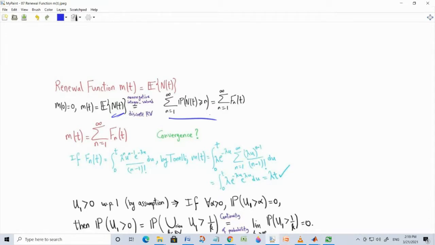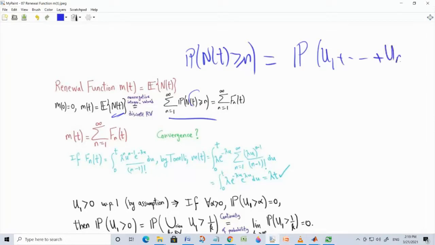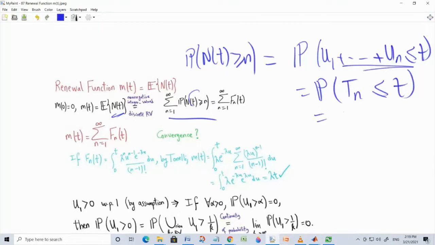And remember those guys? Remember that the probability that N(t) is greater than or equal to small n is exactly equal to the probability that U1 plus ... plus Un is less than or equal to t. So that's basically the CDF of those guys, which is denoted by Fn(t). So you have this summation here. So the expectation of N(t) is given by this sum.